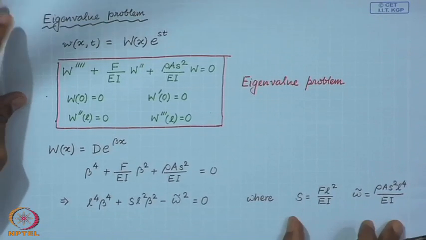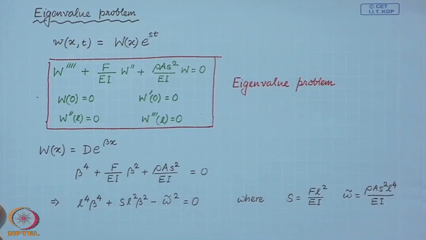So, using these definitions we restructure our characteristic equation in this form. Here we are going to solve for beta.